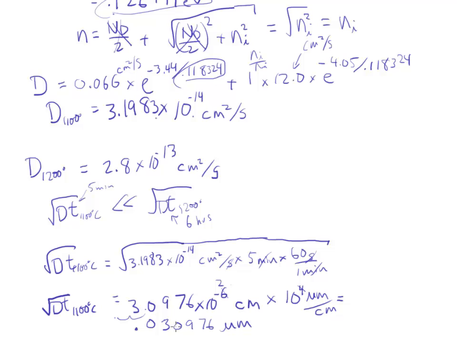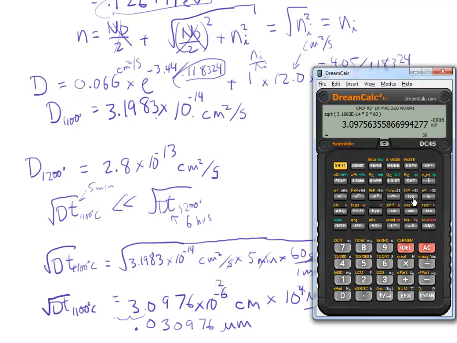That is a weird number, but if I square 0.03, let's take a look at that. If I were to square this value, it comes out to be pretty close to 0.092.